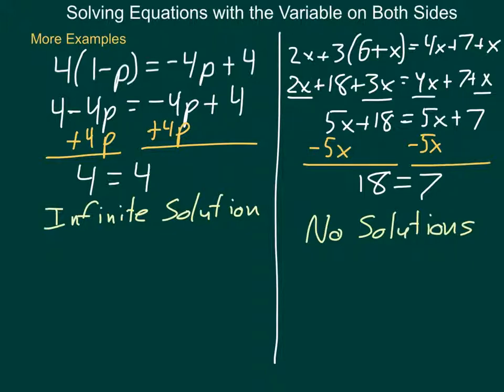That's our situation here. What this hinges on is this part. The number being multiplied by our variable is called its coefficient. If the coefficients on the variables are the same once you've gathered or combined all your like terms, then either you have no solution or an infinite number of solutions.